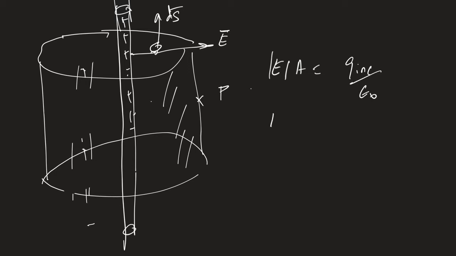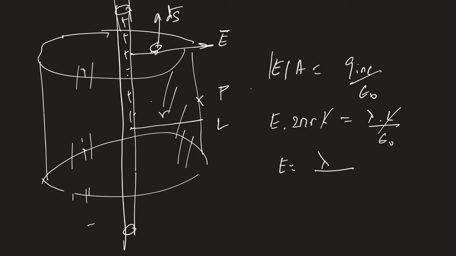This is the R, this is L, so the area is 2 pi R by L, this is the area of the surface, equal to Q inside, that is not sigma, lambda, the charge per unit of length, by L, divided by epsilon 0. So I will have that E is equal to lambda divided by 2 pi epsilon 0, 1 over R.